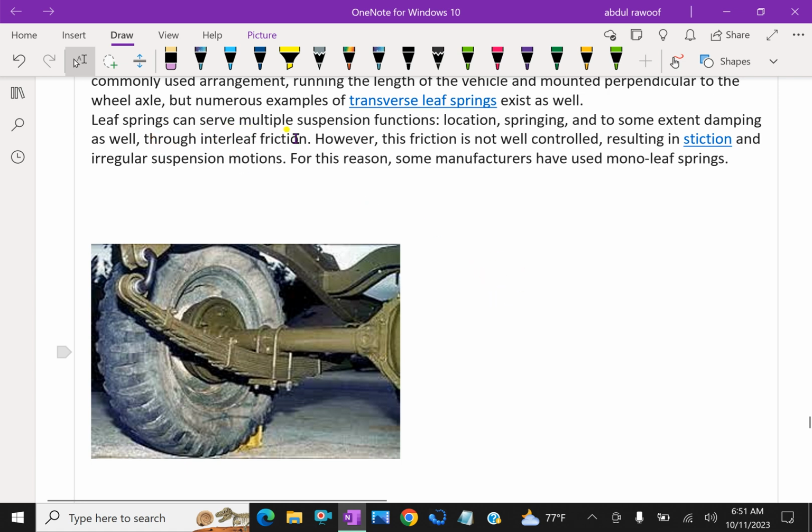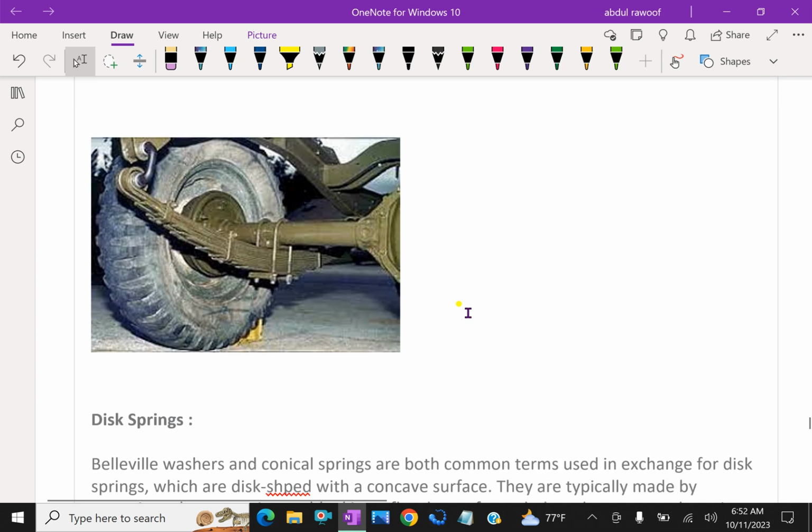Leaf springs can serve multiple suspension functions: locating, springing, and to some extent damping as well, through internal friction. However, this friction is not well controlled, resulting in tension and irregular suspension motion. For this reason, some manufacturers have used mono-leaf springs. Leaf springs are mostly used in vehicles, mostly heavy vehicles.